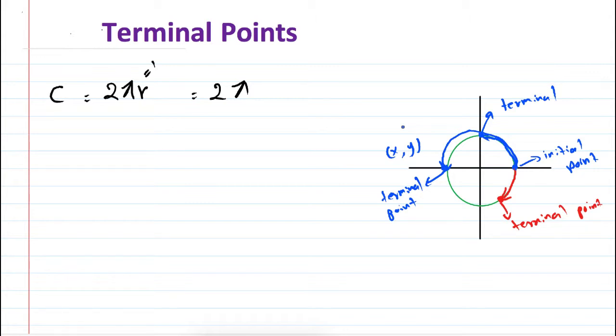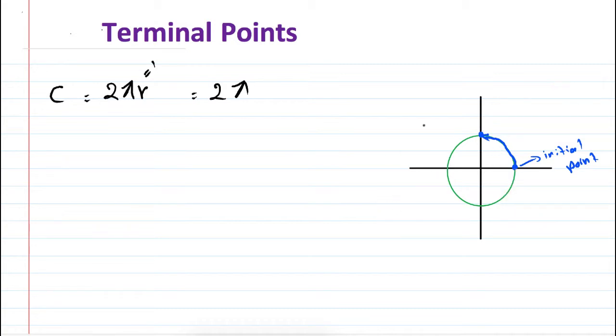So let's start with finding the coordinates of the simplest terminal points. Let me delete some of this so we have some space. We said that the radius from here to here is 1. That means from here to here is also 1, from here to here is also 1. If I travel a distance, we said that the distance all the way around is 2 pi.